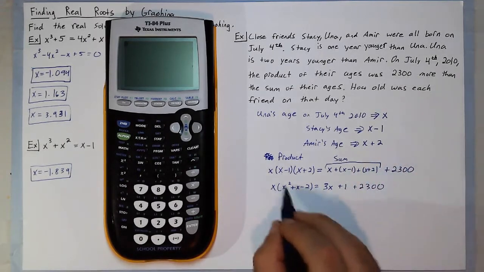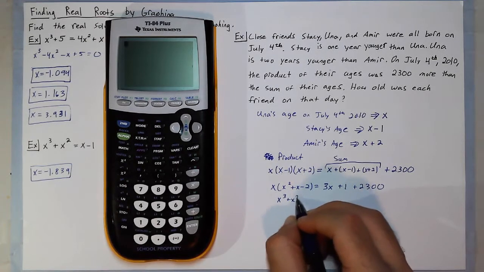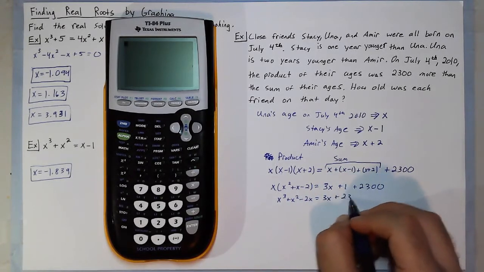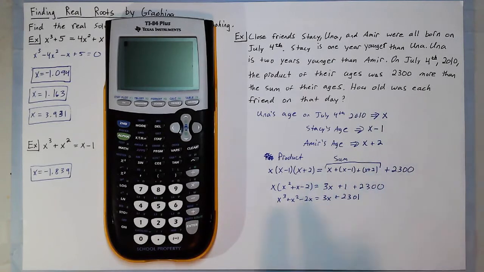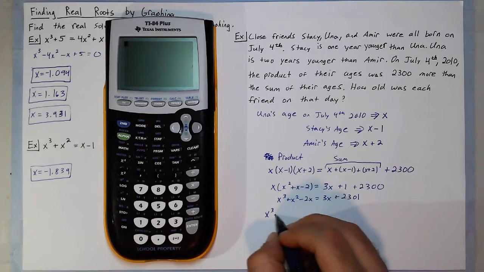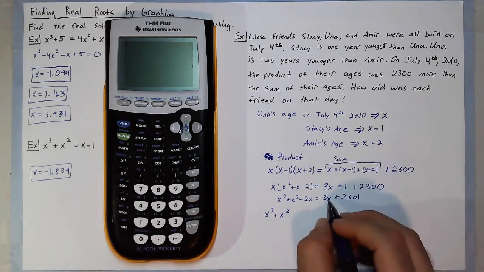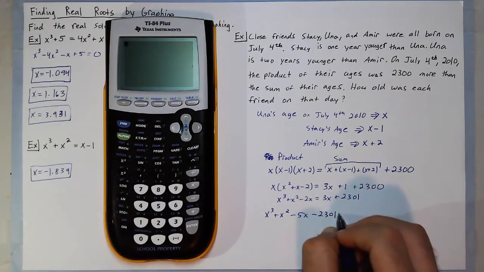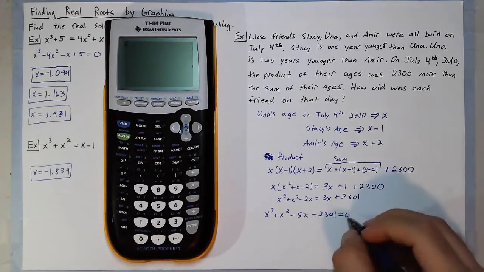Again, distribute the x: x cubed plus x squared minus 2x equals 3x plus 2,301. Then I'll move everything to one side of my equation to solve. And again, I'm going to get a cubic polynomial that's going to be really hard, if not impossible, to factor. But it's equal to 0, so I can use that zero feature to solve this.